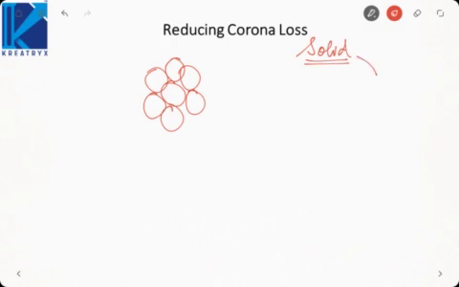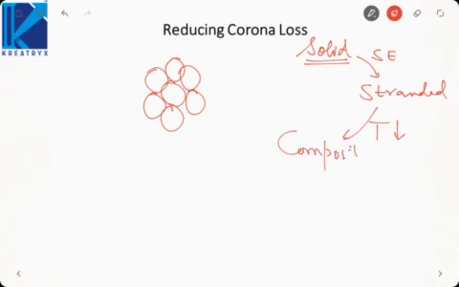There we had a problem of skin effect. To remove that we moved to stranded. There we had a problem of tensile strength. Then we moved to composite stranded. There we had a problem of corona. So we have to remove or reduce this problem of corona.